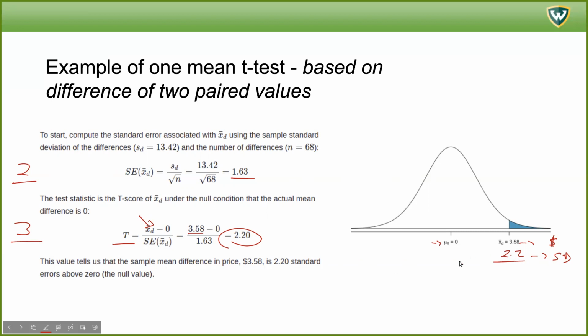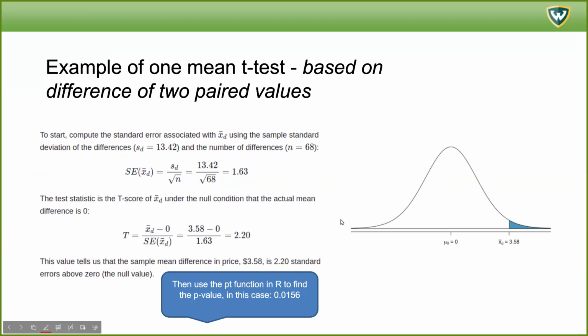So now we need to input this t-score into the pt function as we did before. We put in 2.2, comma, degrees of freedom, df equals what? The sample size is 68, so degrees of freedom is 67.